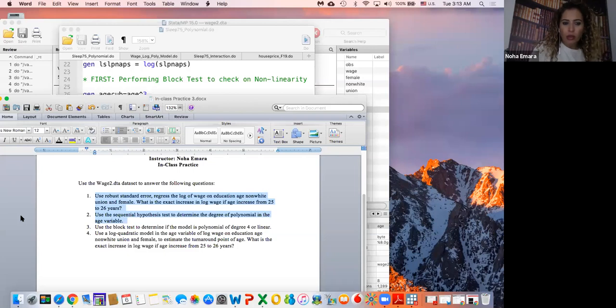Okay, great. So what is your answer for the percentage change in wage when age increases by 1 unit? What's the number you got?